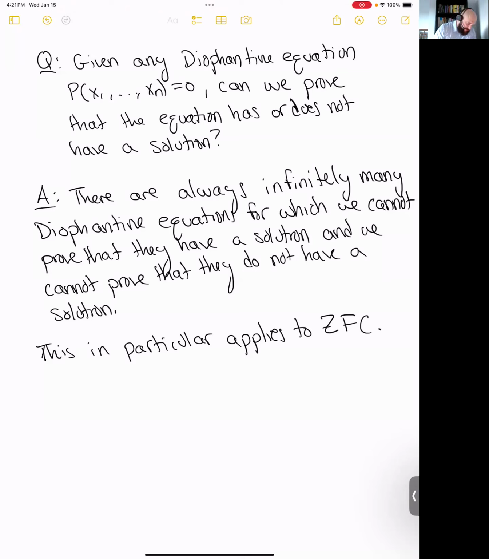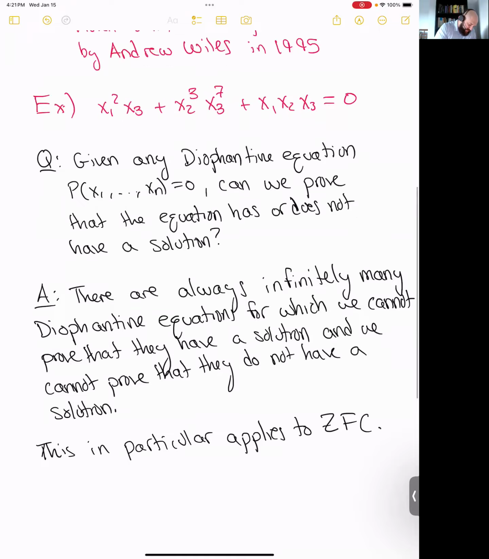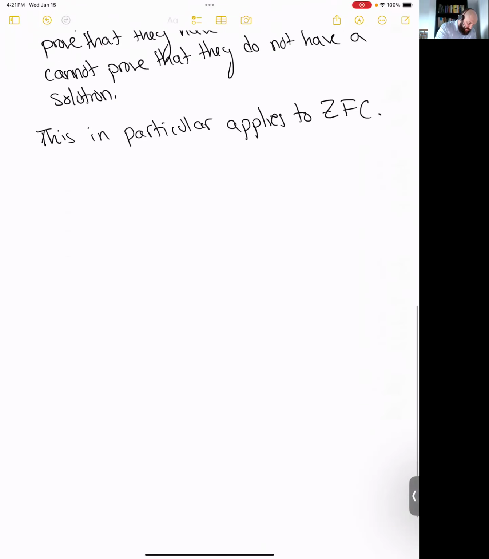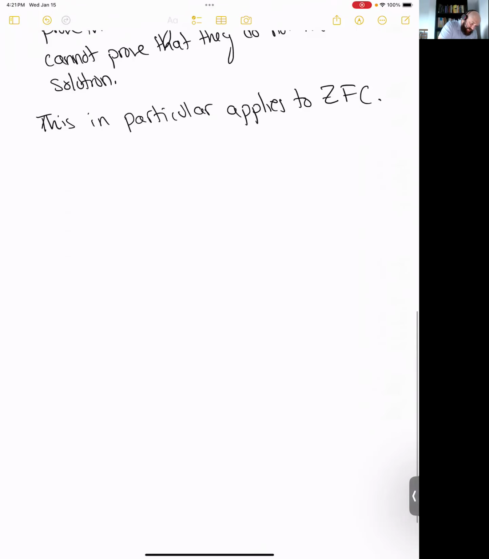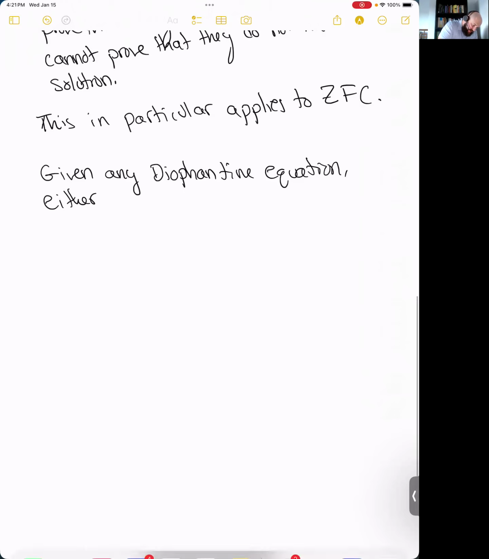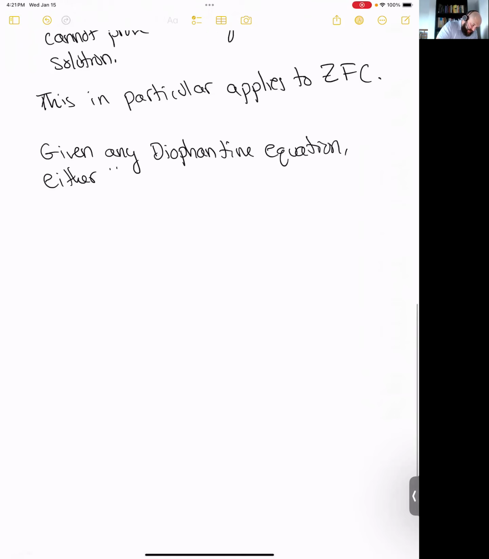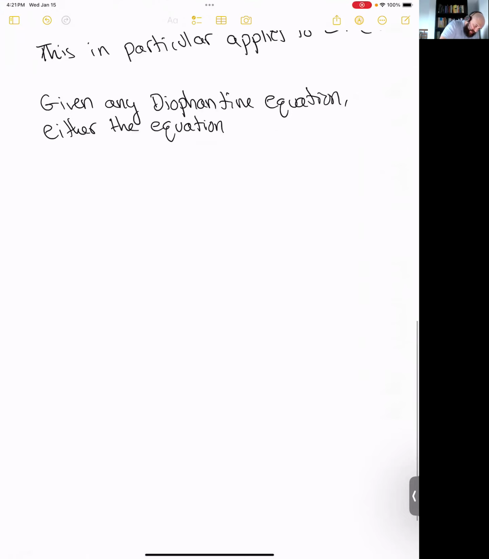So, of course, given any Diophantine equation, there are two possibilities, right? Either the equation has a solution or it doesn't, right?